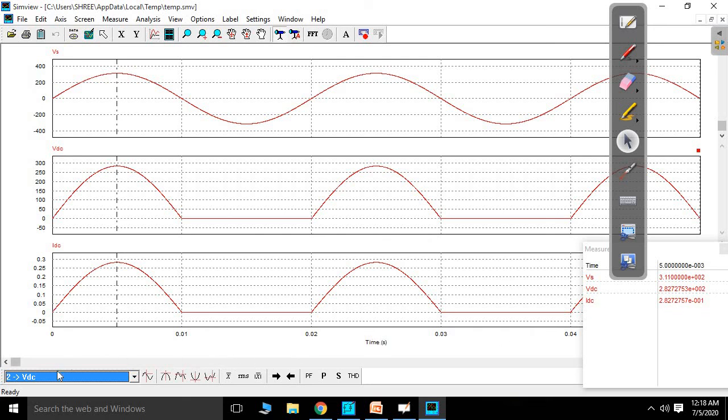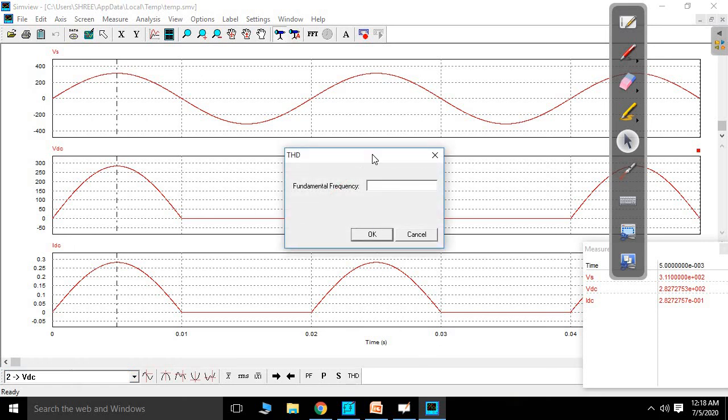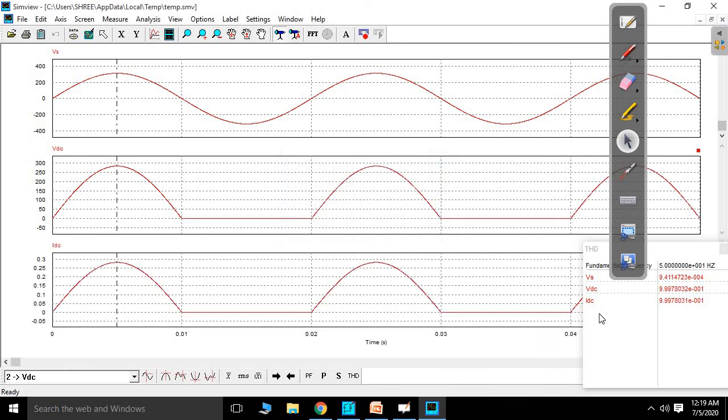So many parameters I will get by simulating this circuit in PCM software. Then I also get THD, that is total harmonic distortion. For the total harmonic distortion we have to put the fundamental frequency first. Let the fundamental frequency be 50 Hz. So the THD present in VS, VDC and IDC is this much, 9.4 into 10 to the power 4, 9.99 and 9.99.